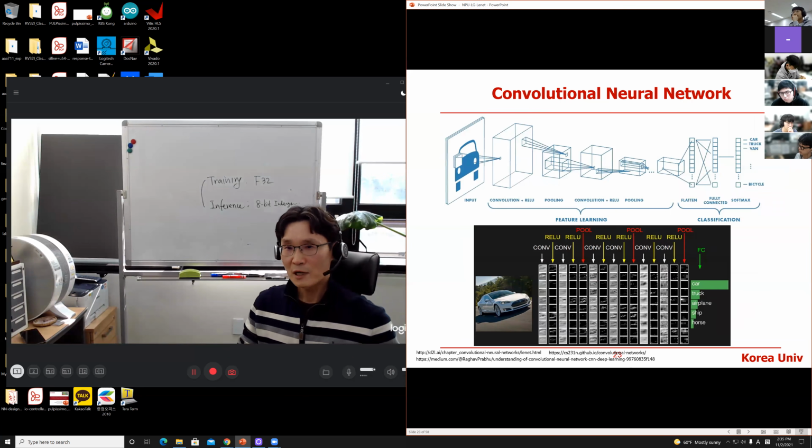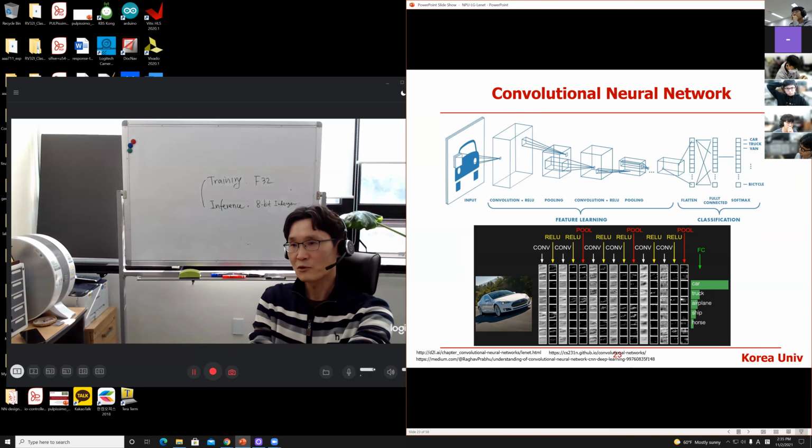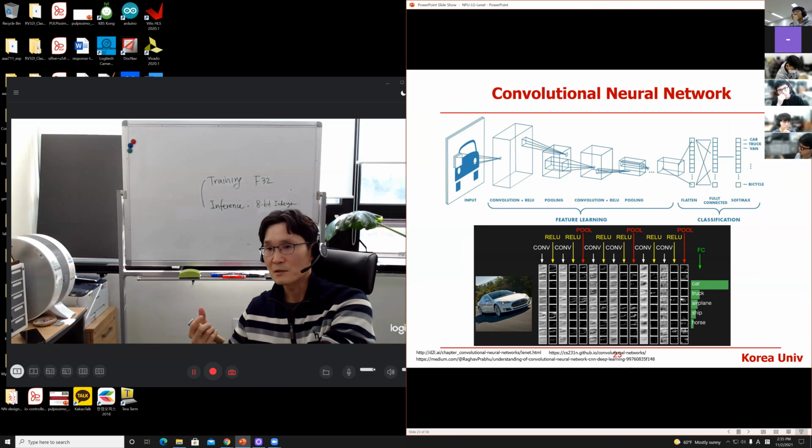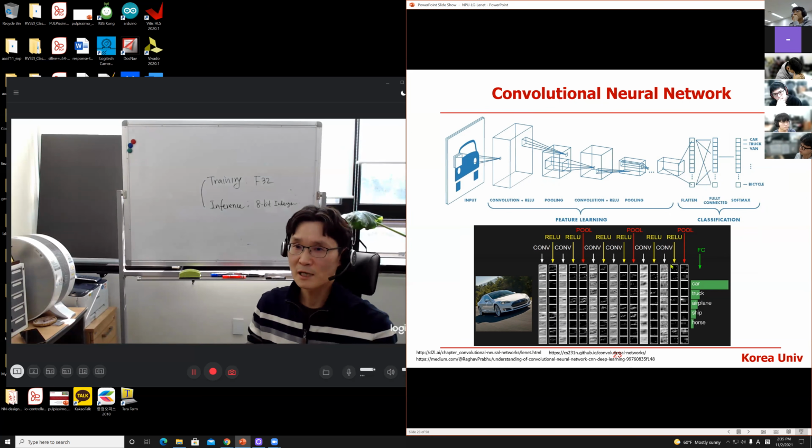In this class, we are going to focus on the convolutional neural network that is used to recognize images. That is the typical step you have to take to classify the image, car, truck, and so on, right?